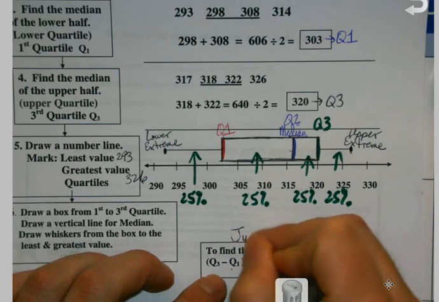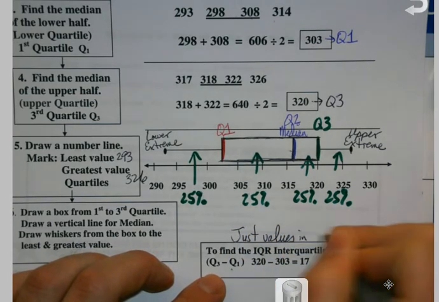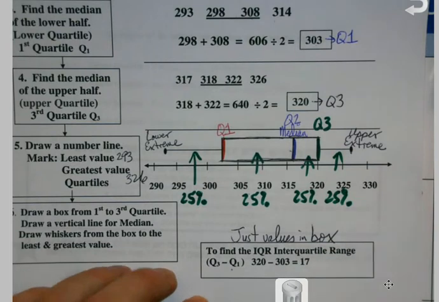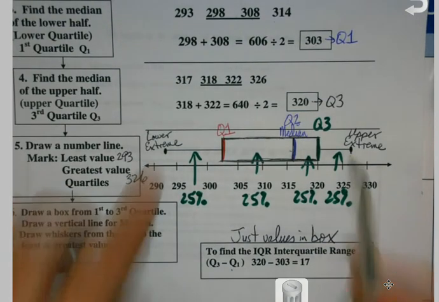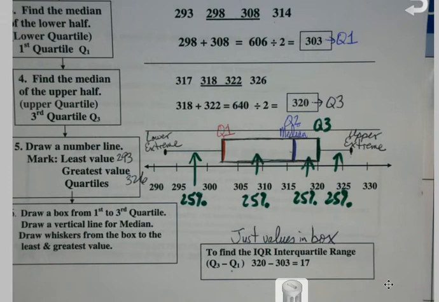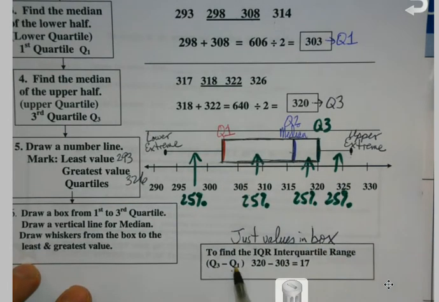It's just the values that are included in my box. So where range is from the beginning to the end, it'd be like to the extremes. Our IQR, our interquartile range, is just the values in the box from greatest to least, just those 2.